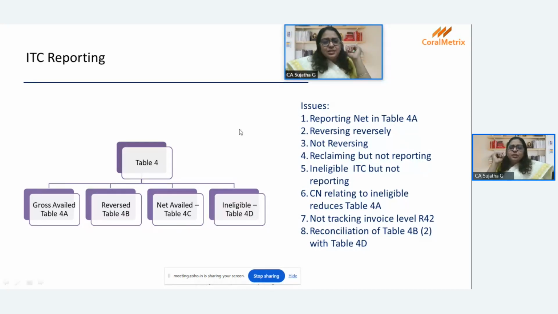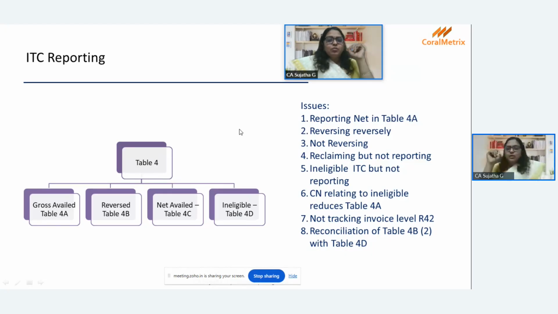There is a table called 4A, which requires reporting of the entire ITC. Let me give you an example. You have a few transportation bills. You have a few civil work bills. You have some of the motor car credit. You know pretty well that it is not eligible, but still you are required to show it under table 4A. Then comes the reversal.